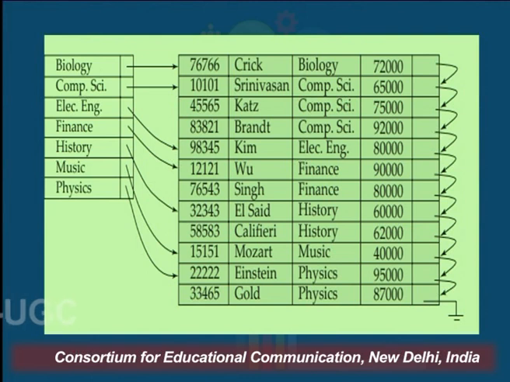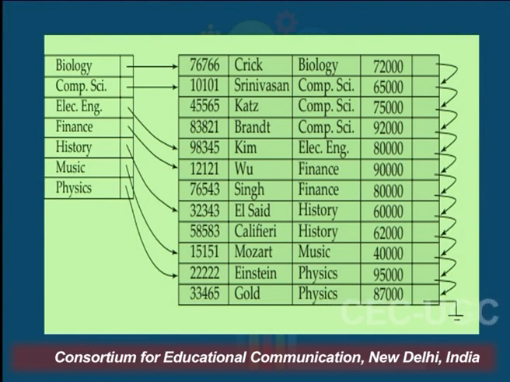All the records are stored in sorted order of subject: biology, followed by computer science, then electrical engineering, then finance, then history, then music, and then physics. So this is a sorted list of instructors according to their subject, and the sparse index contains this particular search key of subjects.